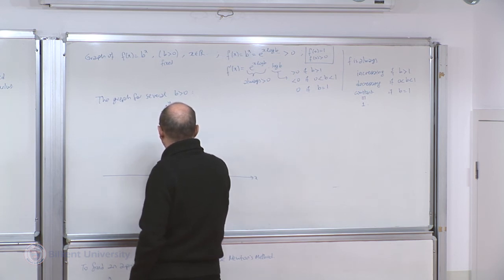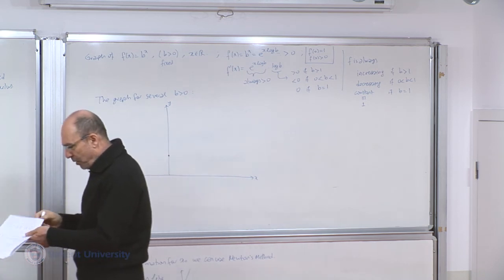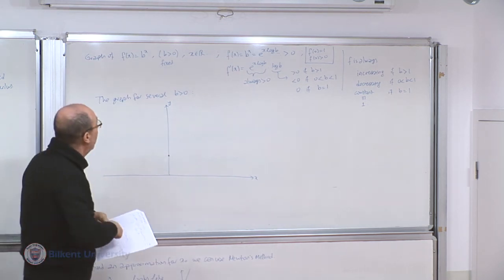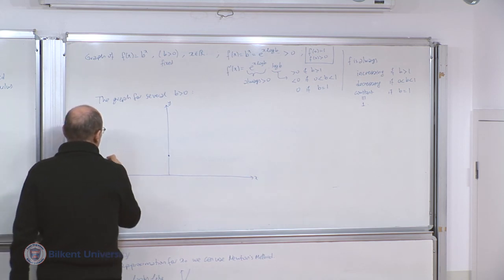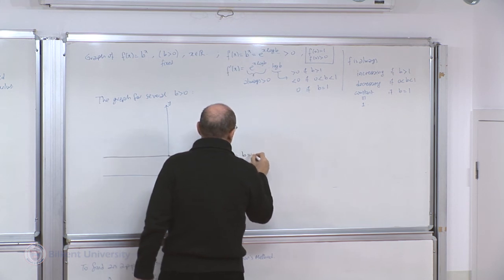I don't know where to put this. This is 1. When b equals 1, this is the function. This corresponds to b equals 1.